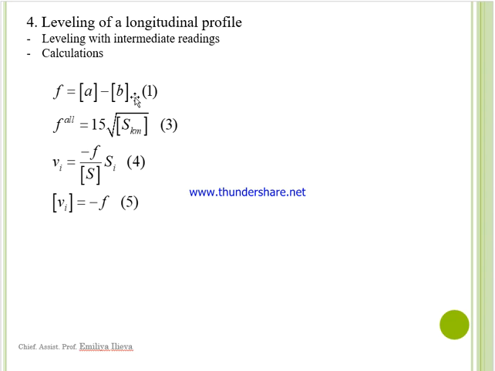Then the misclosure you can see here in the first equation. After that, I don't know why, the next number is 3, not 2, of the equation. So this is the allowable misclosure, and here is the equation for calculating the corrections.